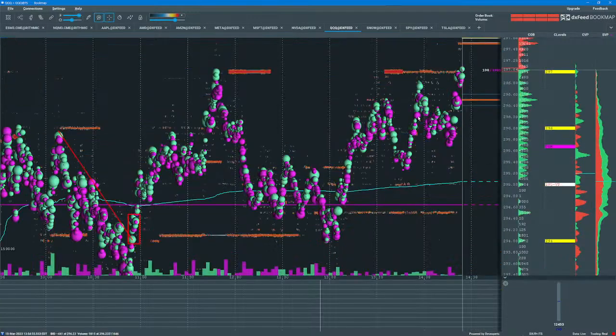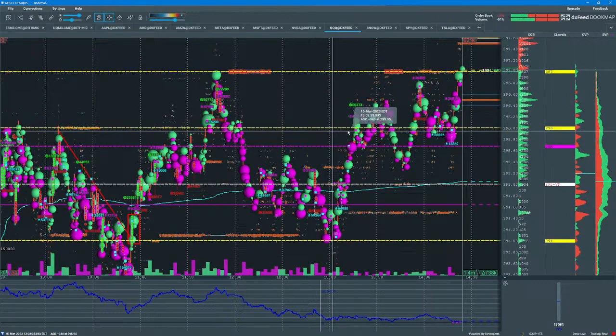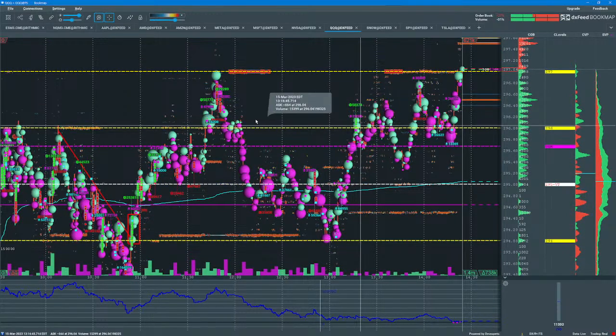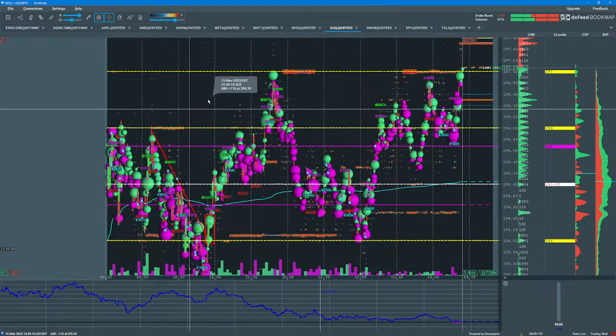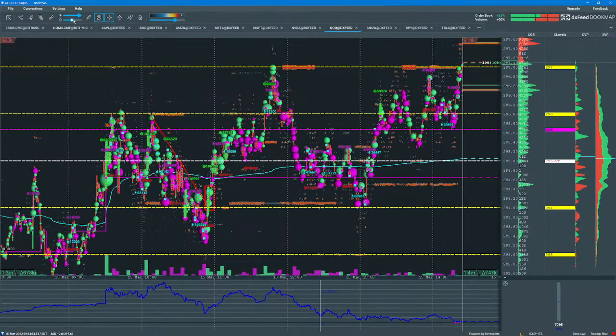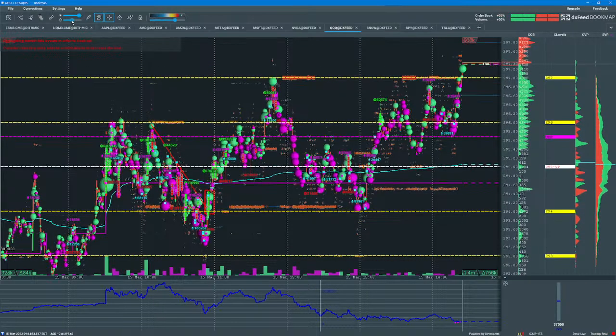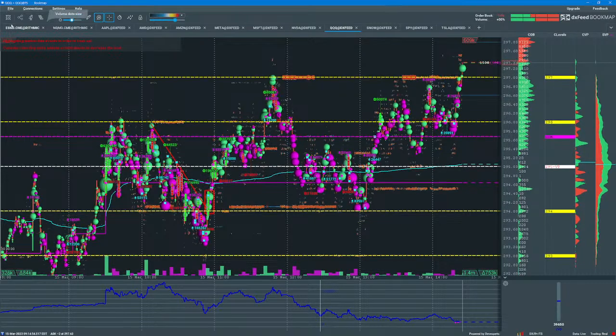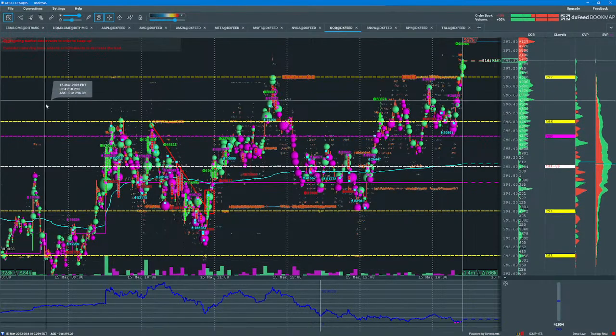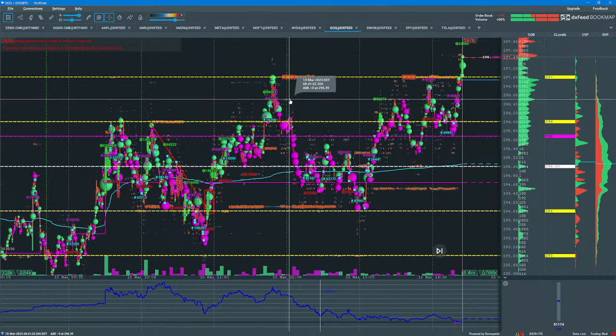Here's QQQ. Tone down these dots a little bit. I'm going to zoom in.